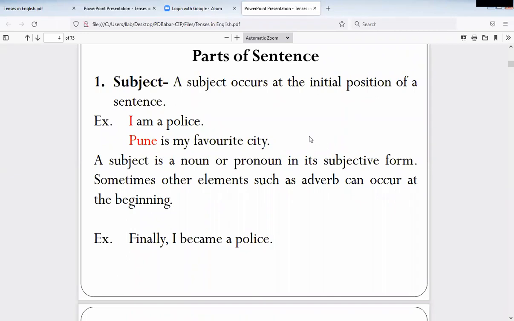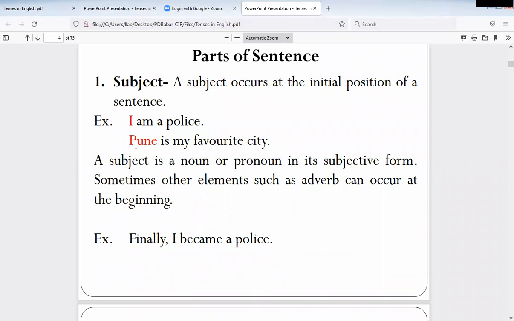The subject of a sentence generally occurs only at the initial position of a sentence. Let's take a second example: Pune is my favorite city. Here the word Pune is the subject.